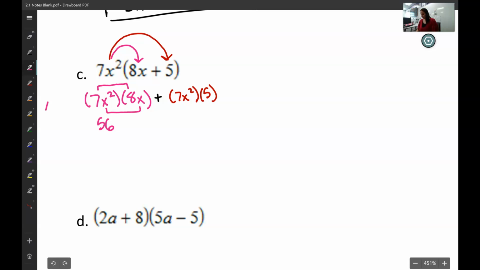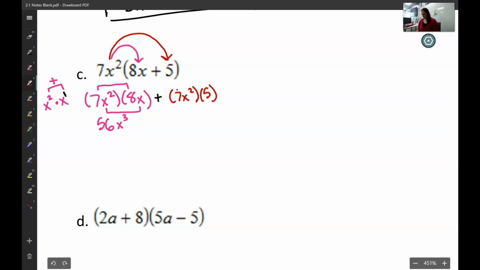Now, quick note, when I have x squared times x, anytime I'm multiplying letters, what that means is to add the exponents. So I need to add the exponents here, and don't forget this x has a sneaky 1. Don't forget that one or you'll get it wrong. So I'm adding the exponents, so x squared times x to the first would be x cubed.